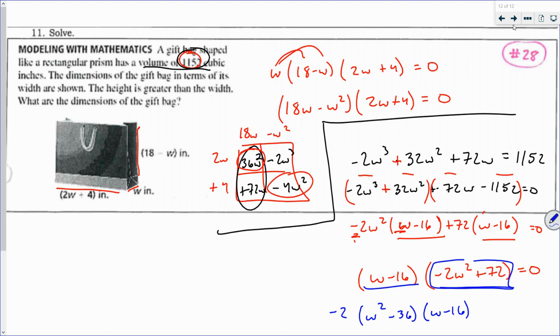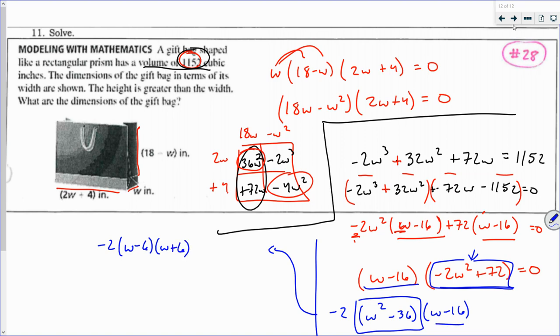The reason I needed to do that is because I knew we couldn't solve this one yet, so we have to break it down farther. So coming up here, I have negative 2. This parentheses breaks down as the difference of two squares, w minus 6, w plus 6. And then we still have this parentheses, w minus 16.